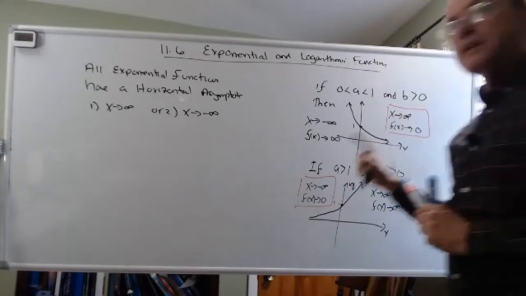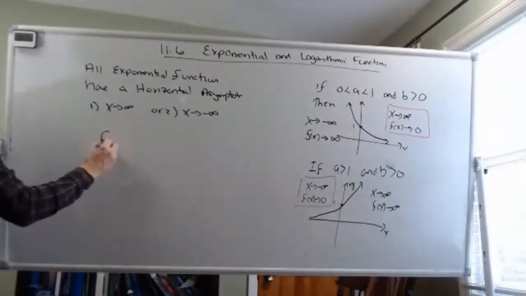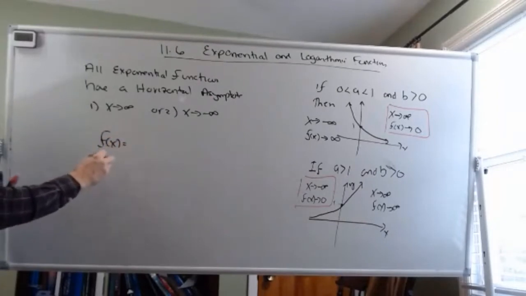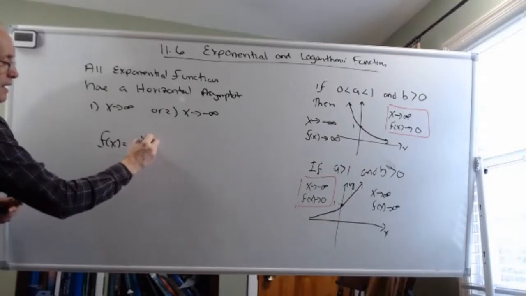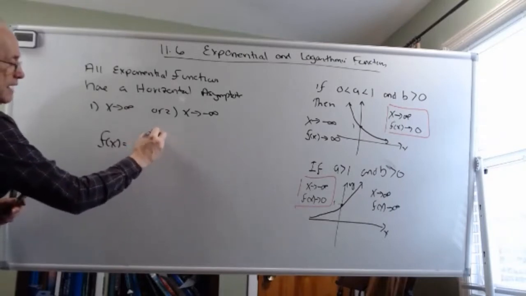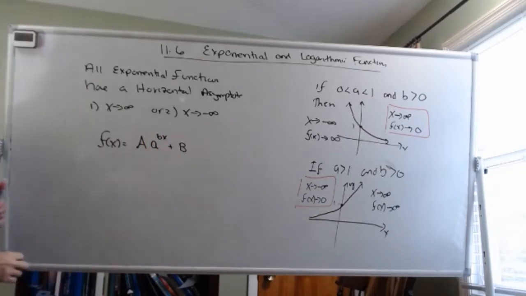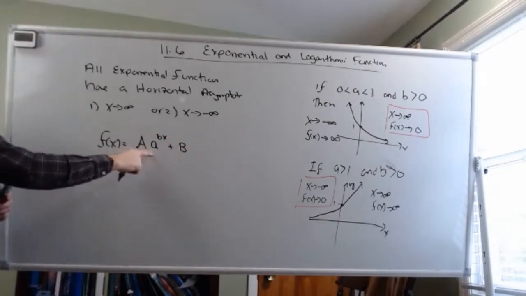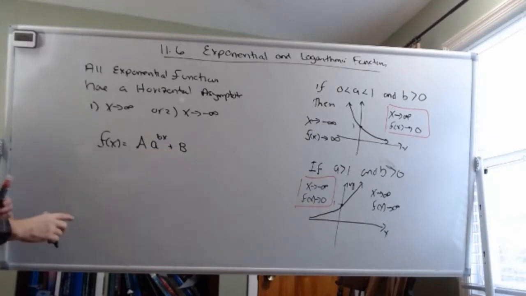Now, what is that horizontal asymptote of my function? So let's go back to this. So f of x is equal to, in this case, a times b to the x, plus b. Well, the horizontal asymptote is always going to be my offset.